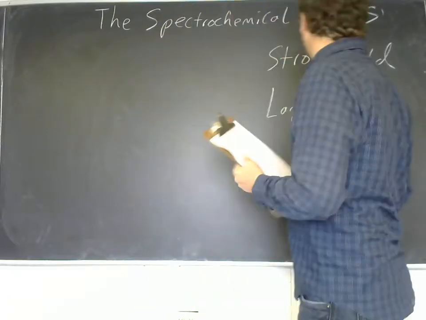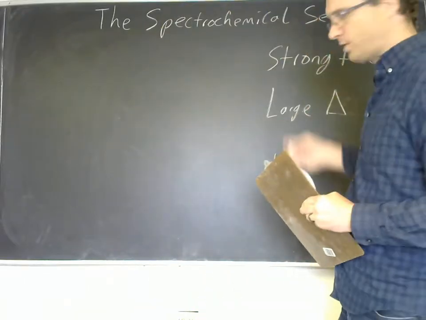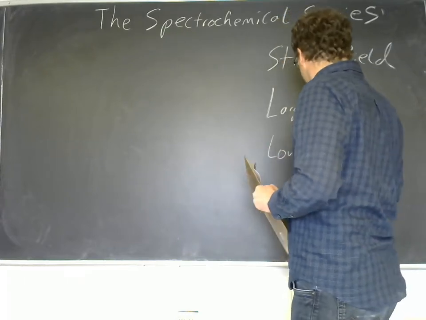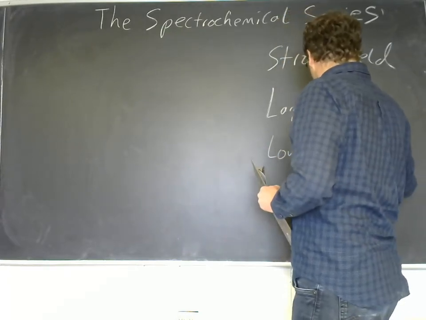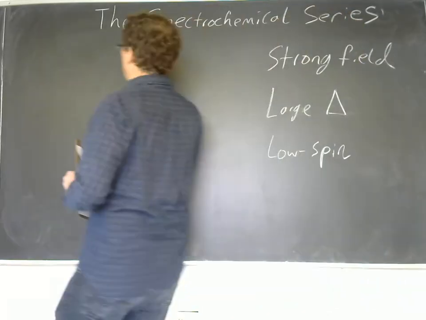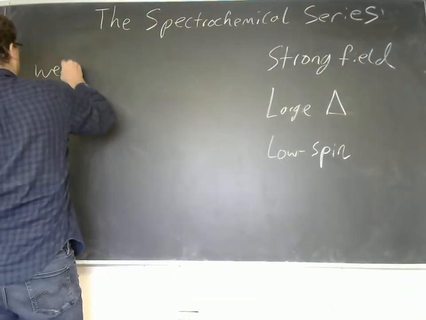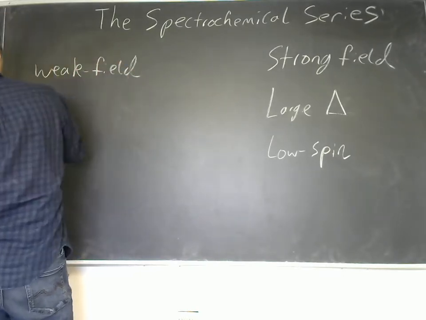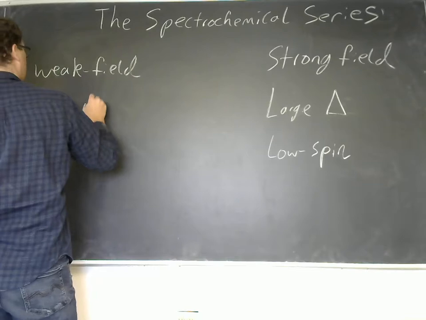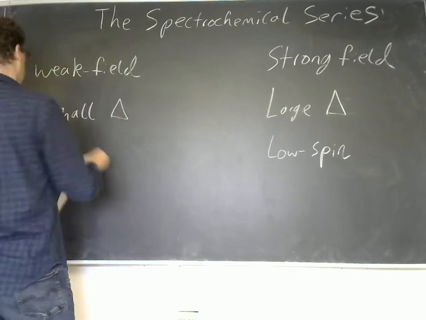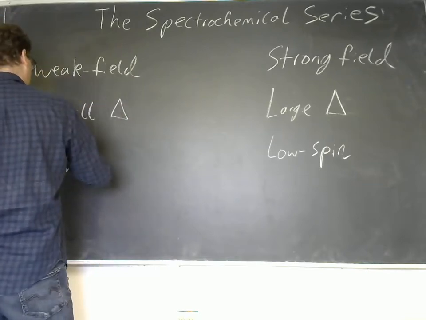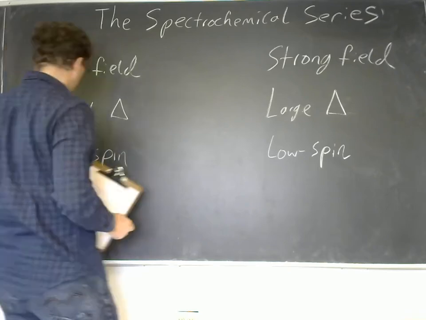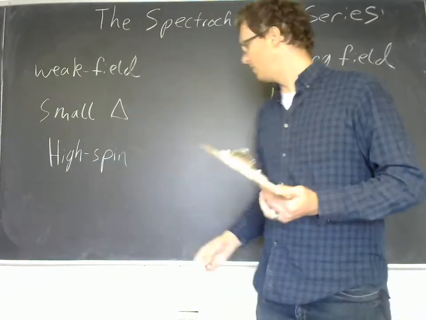A strong field ligand is going to lead to a large delta, and that's going to lead to low spin complexes. And then a weak field ligand is going to lead to a small crystal field splitting energy and high spin complexes. And so just keep that straight.